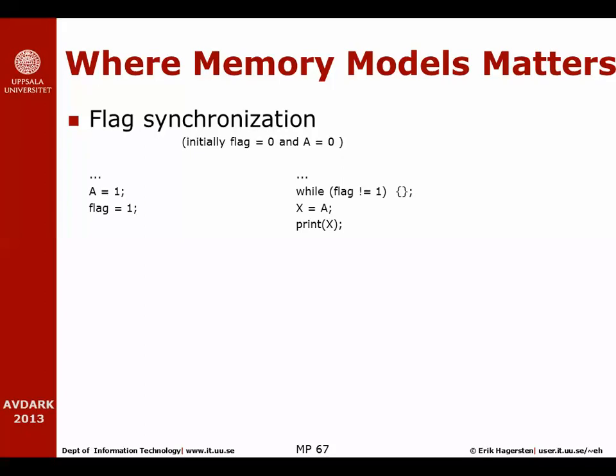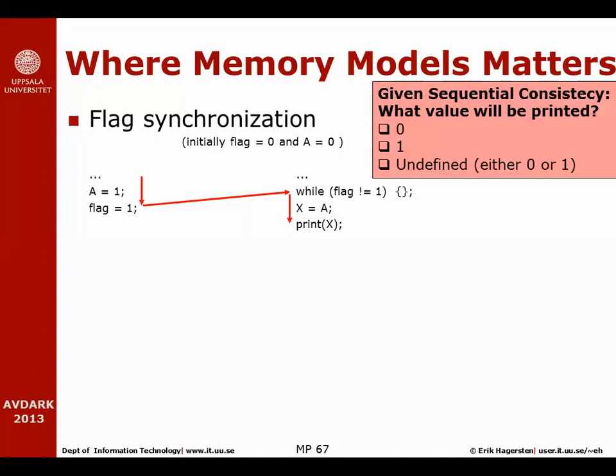Okay, let's go back to our examples here. We have the flag synchronization, and now it is executed under sequential consistency, where all loads and stores performed by a CPU are put in some global order. Then I repeat the question again: given sequential consistency, what value would be printed?